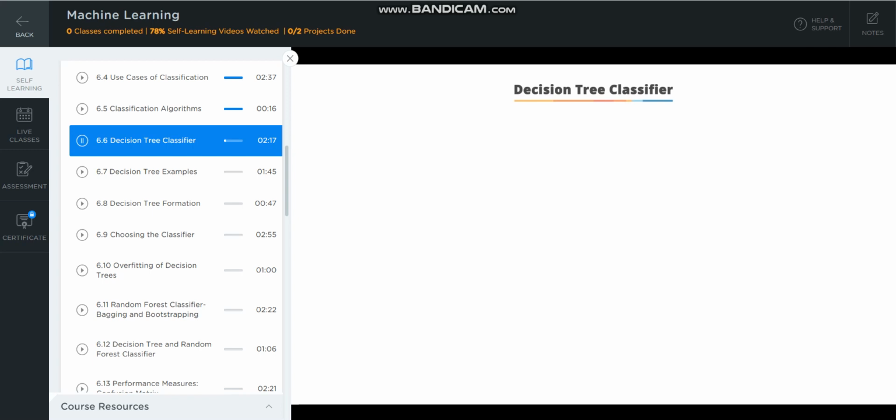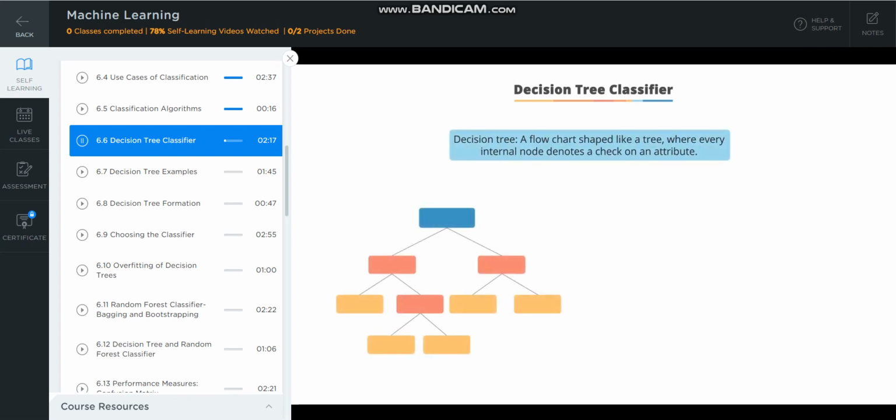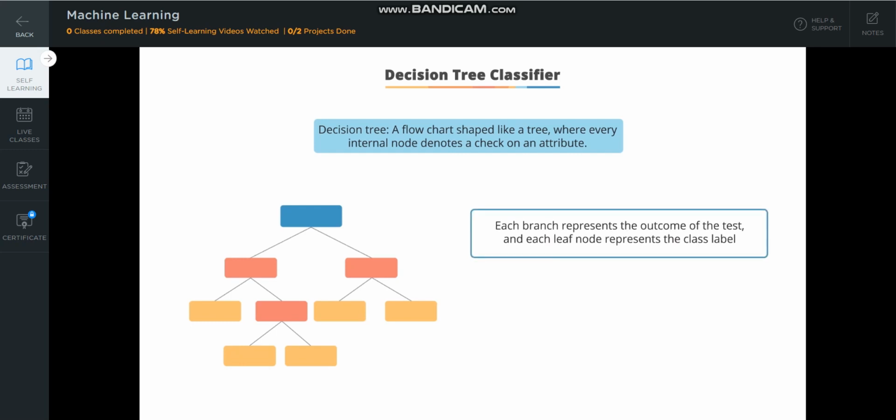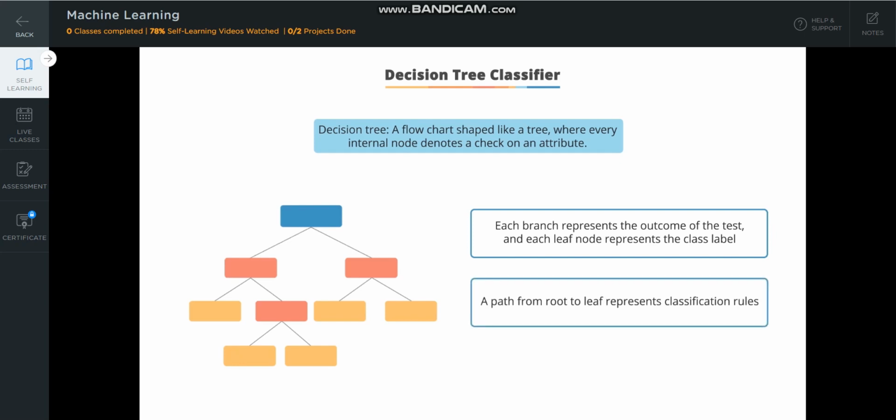Decision tree is a tree-based classification algorithm. A decision tree is a flowchart shaped like a tree where every internal node denotes a check on an attribute. Every branch represents an outcome of the test, and every leaf node, terminal node, holds a class label. Classification rules are represented by a path from root to leaf.